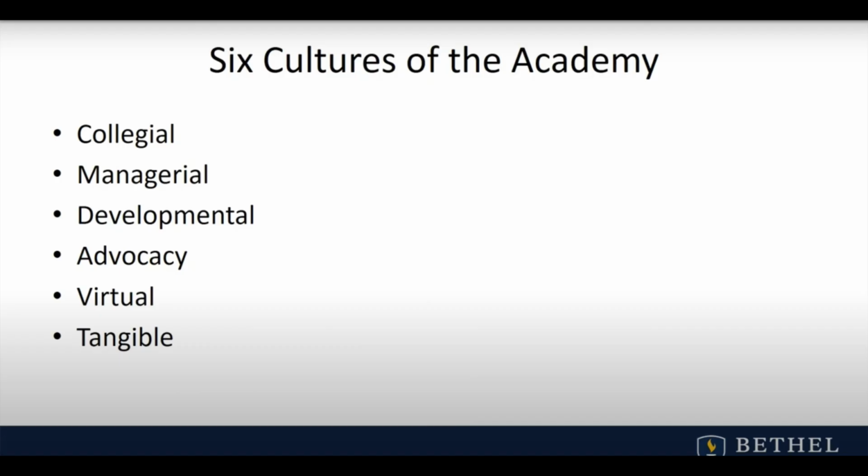Other cultures include developmental, focused on personal and professional growth; advocacy, rooted in democratic values and collective action, like faculty organizing in response to systemic changes; virtual, emerging in response to digital transformation, emphasizing collaboration across traditional boundaries; tangible, steeped in institutional heritage, traditions, and values, often seen in selective, faith-based, or long-standing institutions.